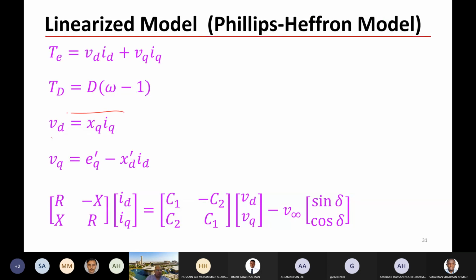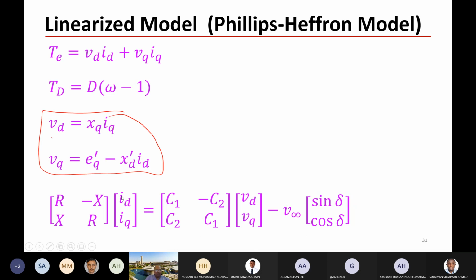We have here these two equations. We'll put them in matrix form. So Vq equal to, you have here Id and Iq and Eq prime. And Id and Iq also, you can express them in terms of Vd and Vq, or Vd and Vq you can replace here. So you can have Id and Iq in terms of Eq prime and delta. So this is exactly the case that we need to reach.